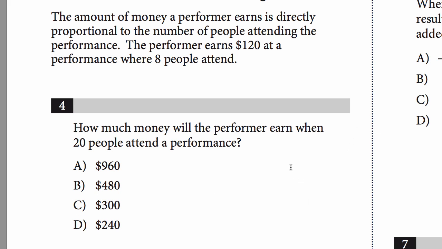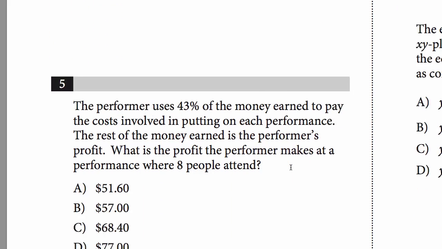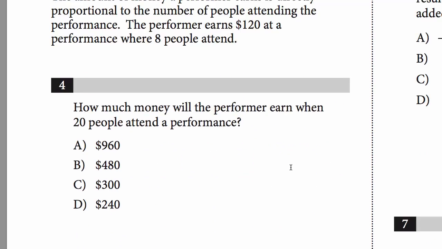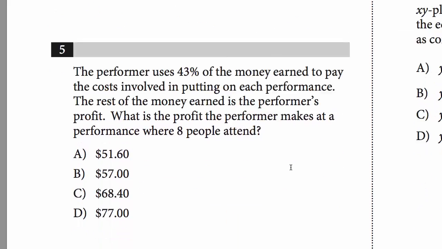Let's move on. Let's see what the second part is. The performer uses 43% of the money earned to pay the costs involved in putting on each performance. The rest of the money earned is the performer's profit. What is the profit the performer makes at a performance where 8 people attend? Well, they gave us that information in the beginning, right? Let me just scroll back up. 8 people gets them 120 bucks.